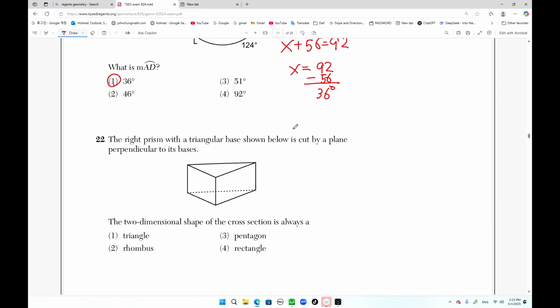Right here at number 22, we have a right prism with a triangle base. This is a triangle base, all heights are equal, right? They are all equal. So when you cut this one by a plane perpendicular to the base, maybe you can make it perpendicular this way.